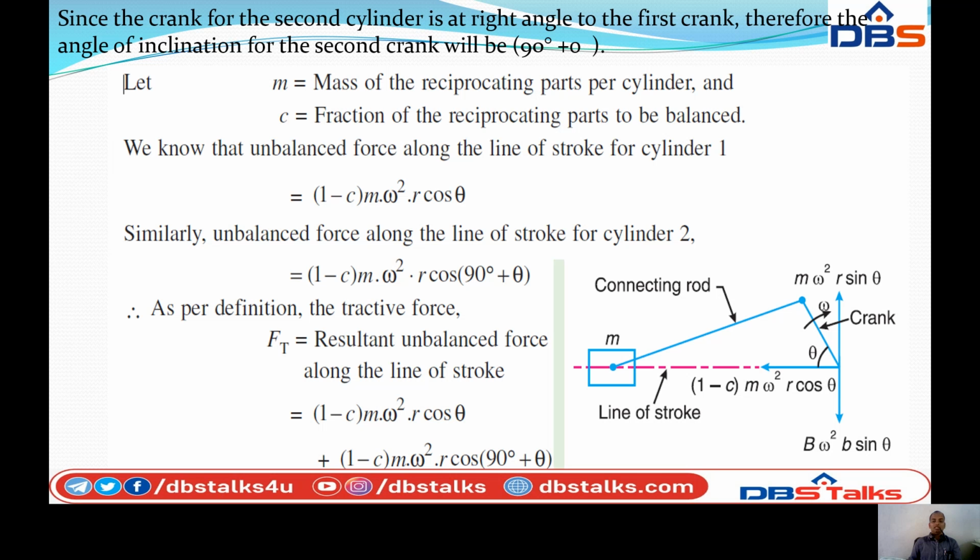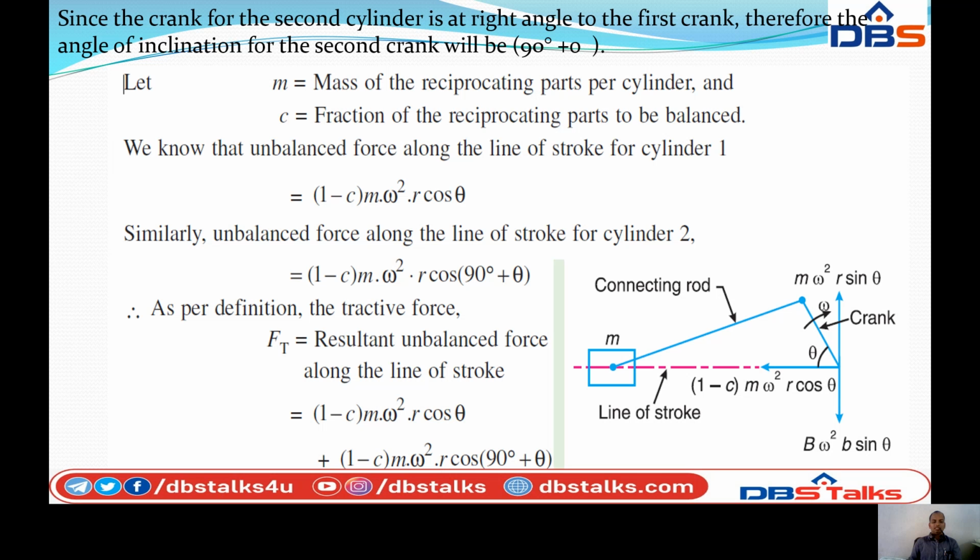For cylinder 2, it is the same, (1 minus c) m omega square r cos, but cylinder 2 is at 90 plus theta angle.